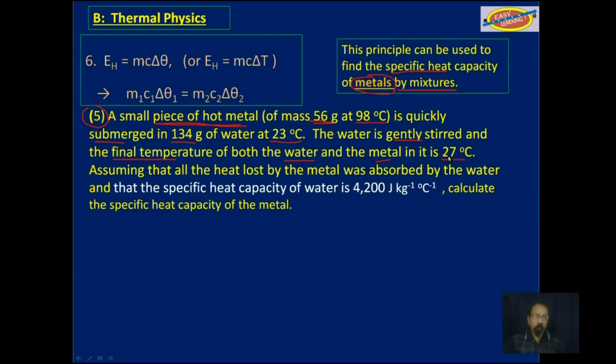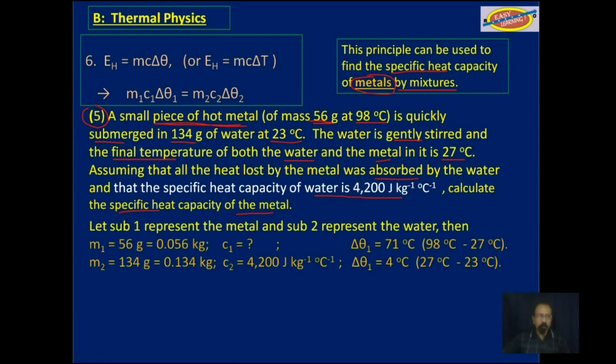Recall, the metal will cool down, the water will heat up. Assuming that all the heat lost by the metal was absorbed by the water and that the specific heat capacity of the water is 4,200 joules per kilogram per degree Celsius, calculate the specific heat capacity of the metal.